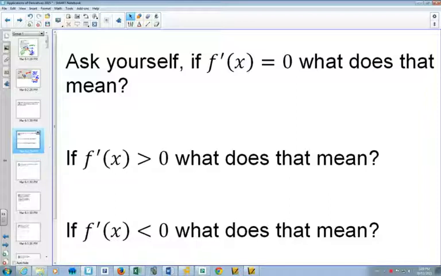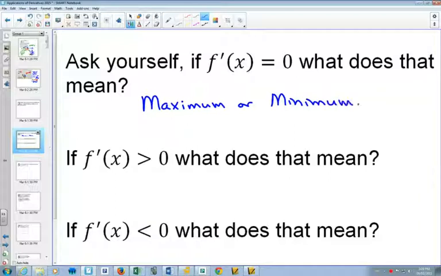What did that mean? In order to have a horizontal line, your function has to either reach a maximum or reach a minimum.